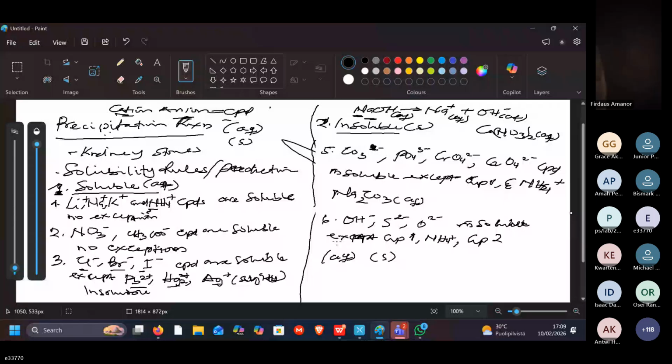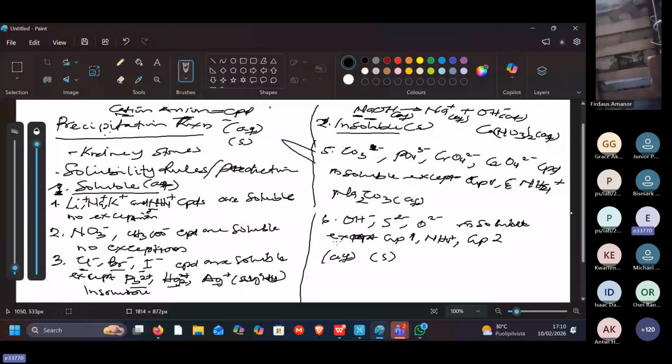Number 2, the nitrate and the acetate, when they meet with any cation, are also going to be aqueous and soluble, again with no exception. Nitrate with any metal will still be aqueous, so it can easily dissolve a nitrate compound.